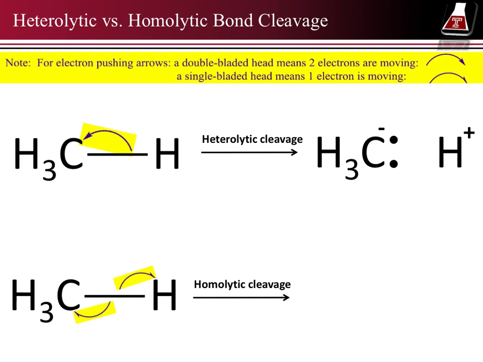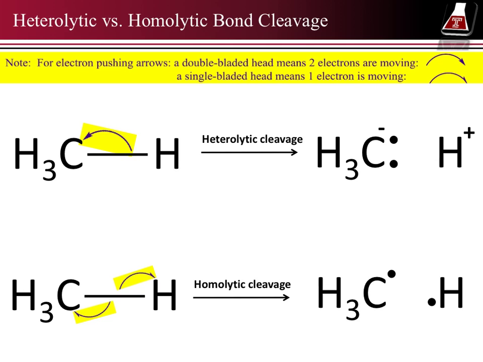Homolytic cleavage looks like this. The homo means same, and so homolytic cleavage is when each atom gets the same number of electrons. So you get one electron going to hydrogen, you get one electron going to carbon. That gives you a methyl radical, shown here, and a hydrogen radical.